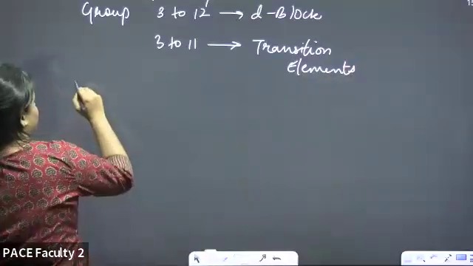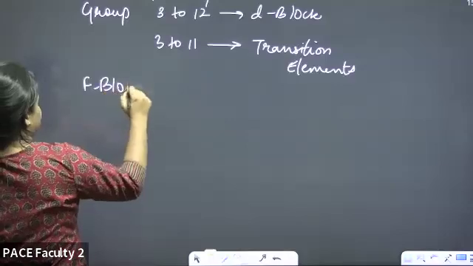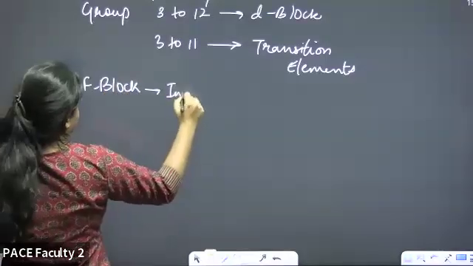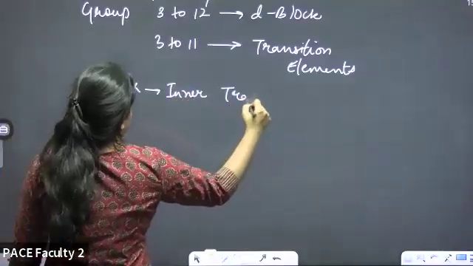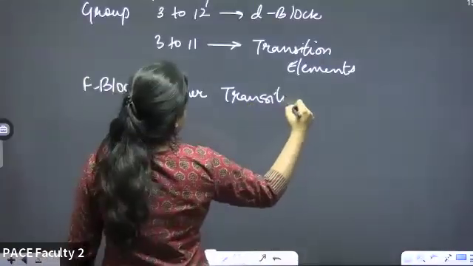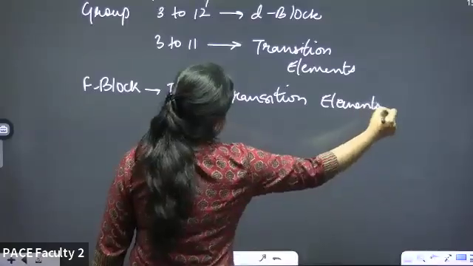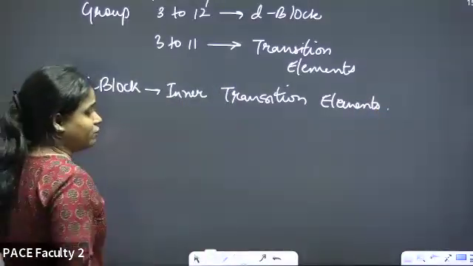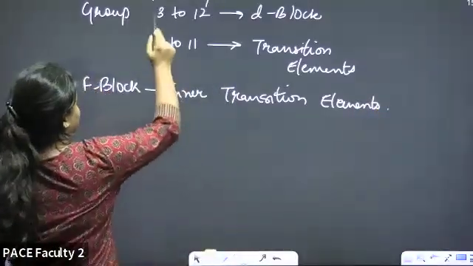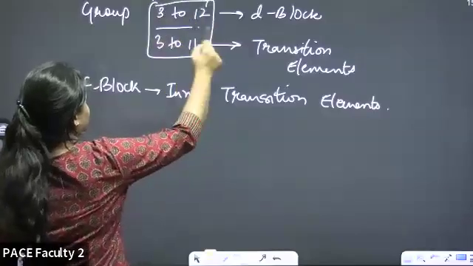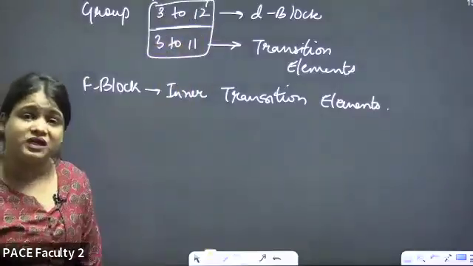Then the F block elements are also called inner transition elements. Why are they called inner transition? We'll have a discussion about that also. But as of right now, please make sure you know that only 3 to 12 are called D block, 3 to 11 are called transition.